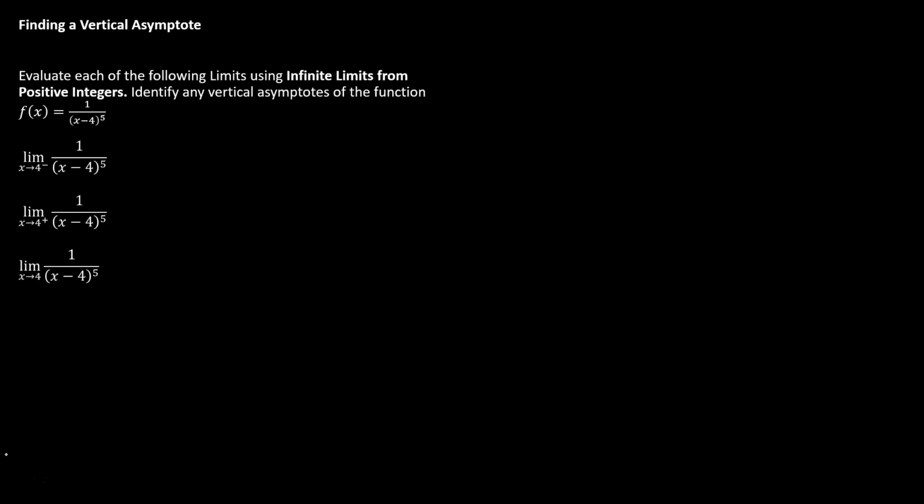Let's try another one of these vertical asymptote limit problems. This time we're looking at the function 1 over (x minus 4) to the 5th power. Our exponent is 5, which is an odd number. So we know that we either have a picture that looks like this around our asymptote, or we have a picture that looks like this around our asymptote.